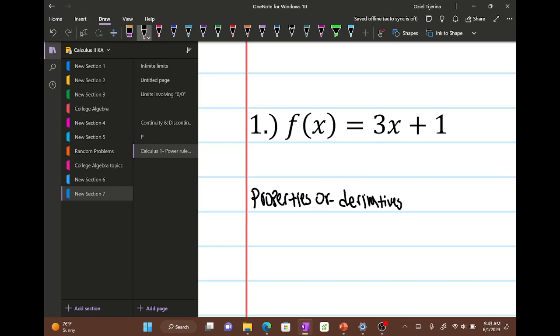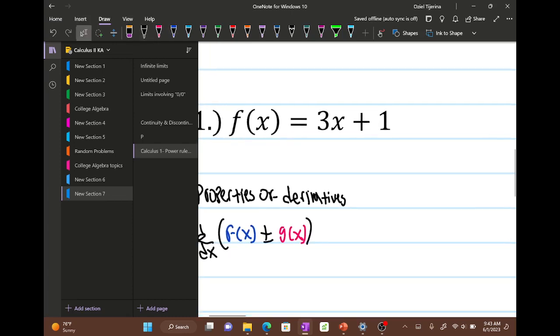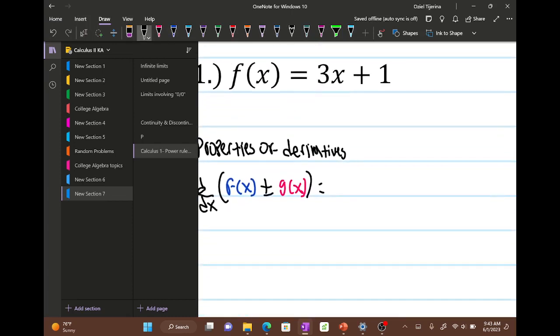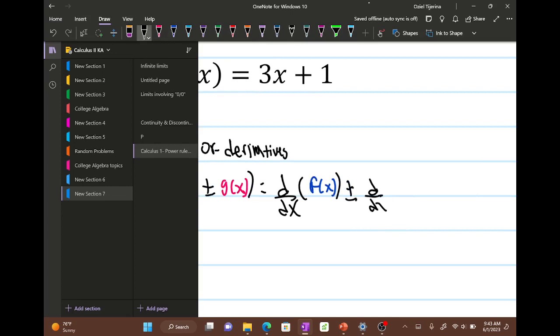For example, if we have two things, f of x and g of x, then d dx of f of x plus or minus g of x is equal to d dx of f of x plus or minus d dx of g of x.